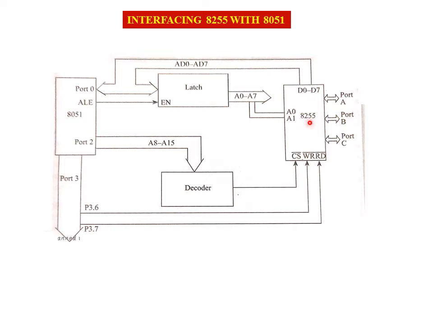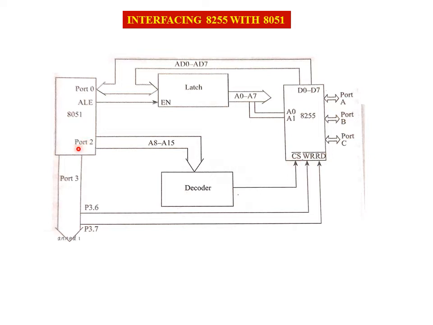To perform input output operation, first of all this chip should be enabled. To enable this chip, the port 2 address bus bits are used. Every interface unit or every chip has one unique address to be identified by the microprocessor or microcontroller. The address bus A8 to A15 is used by the decoder circuit to decode the address of the 8255. CS is nothing but chip select.